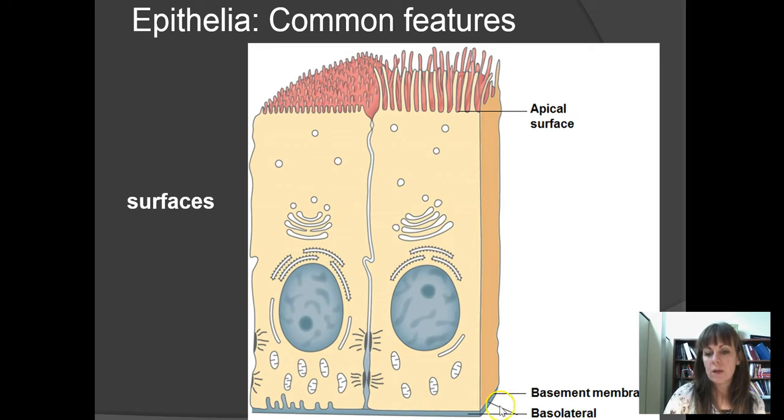What happens is that underneath this basal part is what's called the basement membrane. This basement membrane is just extracellular matrix that acts a little like a glue and glues these epithelial cells down onto the connective tissue that's going to be there underneath.